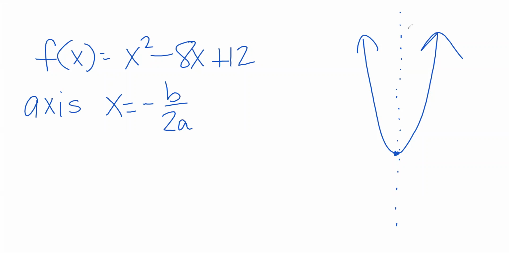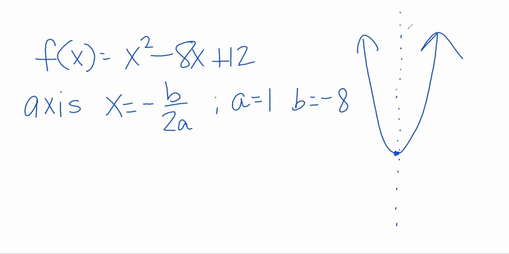Now, what a lot of people don't realize is that A and B are coefficients of the standard form equation. So make sure you realize that A is actually the number in front of x squared, and B is the number in front of x.